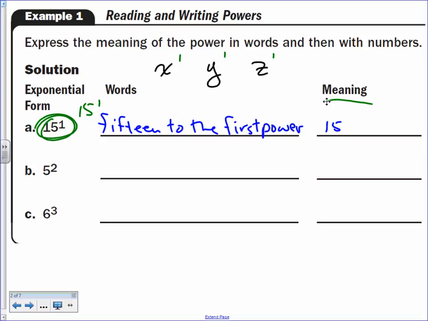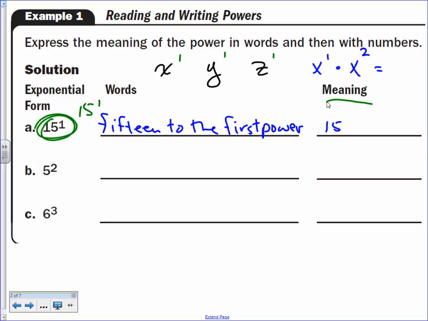Now, the whole reason for that is because you have rules. What I mean by that is if I say x to the first times x to the second, let's say I don't even put the 1 up there. What is that going to equal? X to the what? To the third, right? How do you know it's the third? Because it's x to the first, isn't it?